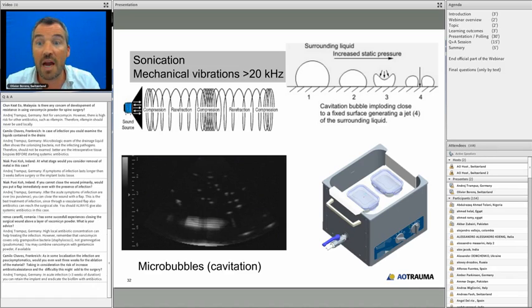How does it work? We have the sonication. We provoke mechanical vibrations in the sonicator. Those mechanical vibrations produce micro bubbles, or cavitation. These micro bubbles arrive on the surface of our implant and they implode.